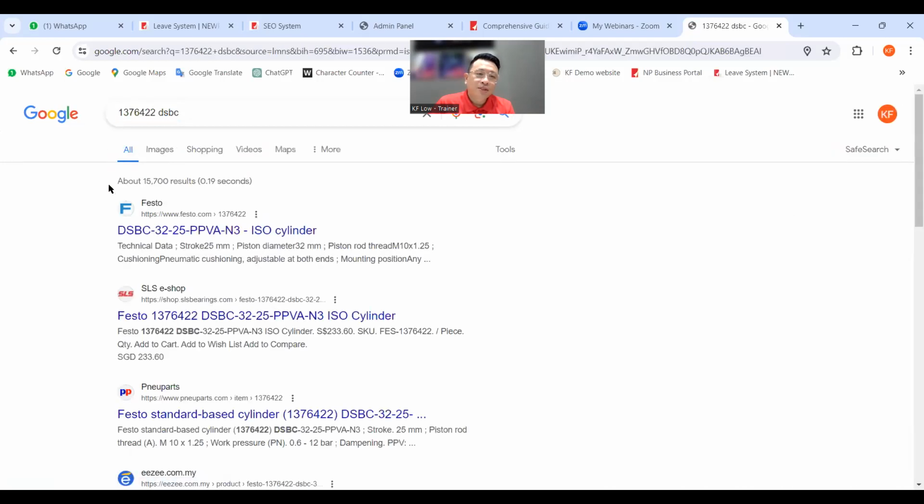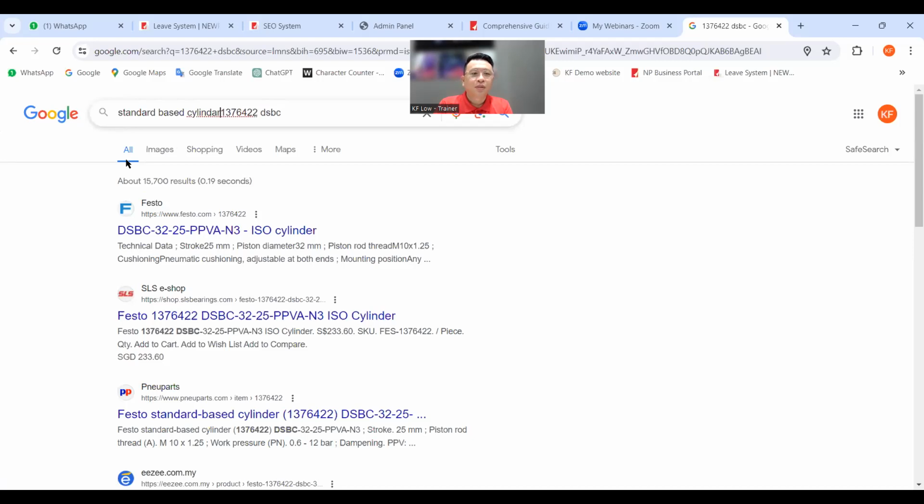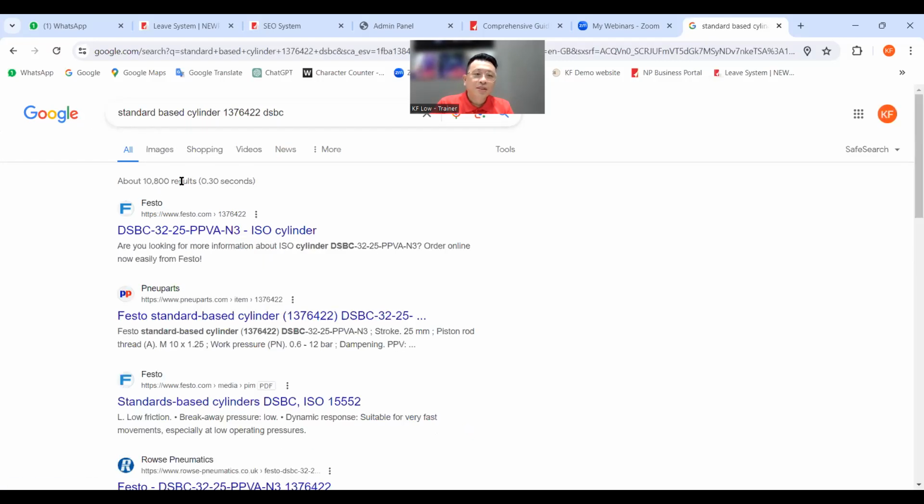If you look at the search result, it has very few results, and of course it is less competitive compared to if I add a more generic keyword like standard base cylinder. That has 10,000 results.